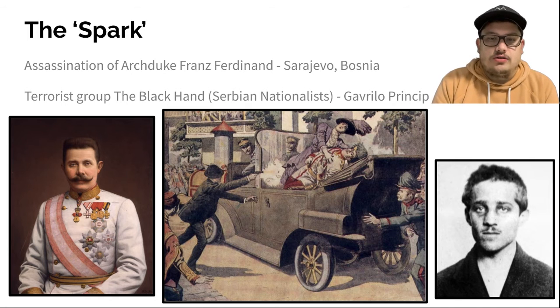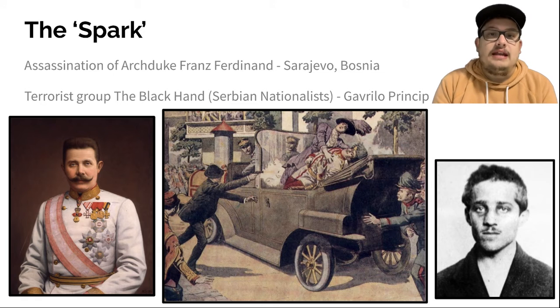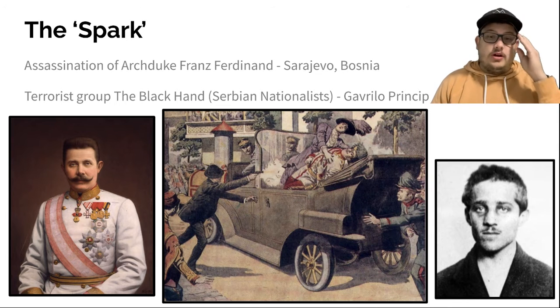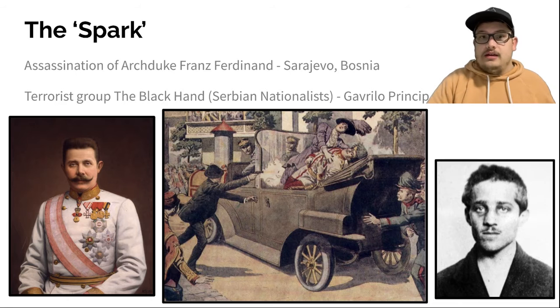And there's a terrorist group that wants to assassinate him. They're called the Black Hand. They are Serbian nationalists. So again, nationalism, but specifically Serbs who want to have a nation state for their own people. Gavrilo Princip is going to be the assassin. It's actually an interesting story in that the assassins try to throw a bomb into the car, and then someone catches it and throws it behind it, and it blows up the car behind them, and then they're like, oh crap, and they zoom away, and then they go down this winding road, and everyone's like, oh darn.